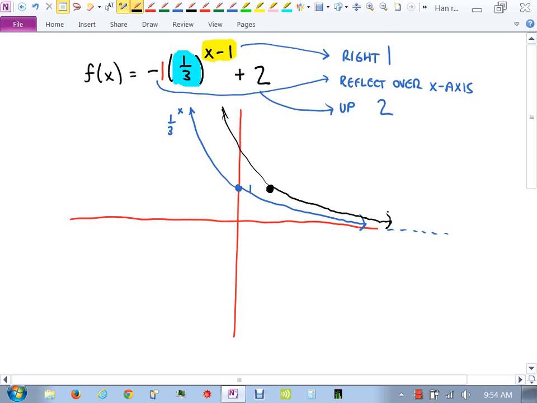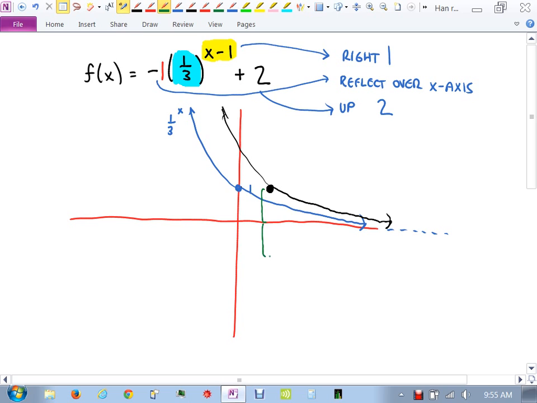Now the tricky part, reflecting that over the x-axis. So what you're trying to do here is take this picture and reflect it like this. Do you see this? I like to just take this point here. That point's 1 unit high. This one, the black point, is 1 unit high.